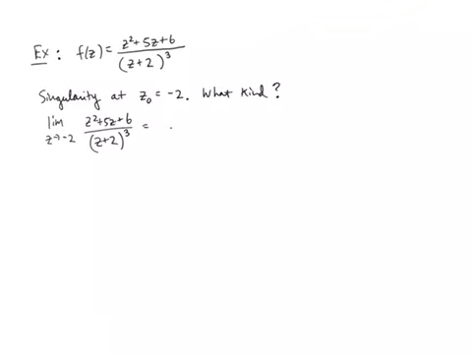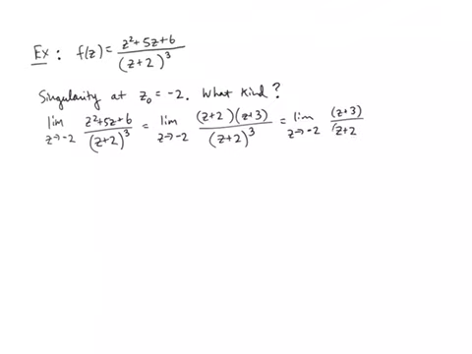So what we have to do is look a little closer here. And we see that there's a factor of z plus 2 in the numerator. So we have z plus 2 times z plus 3, and then we divide, and this is the limit as z goes to negative 2 of z plus 3 over z plus 2 squared, and this clearly does not exist.